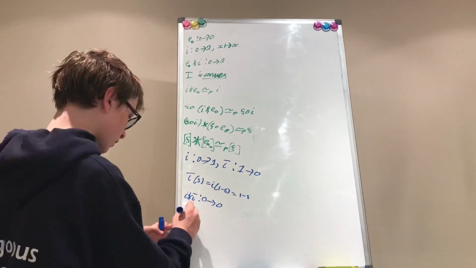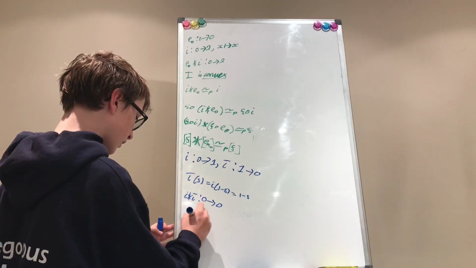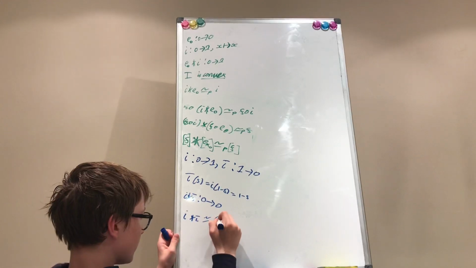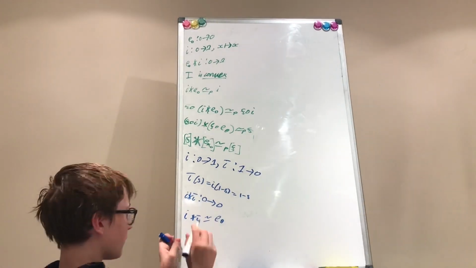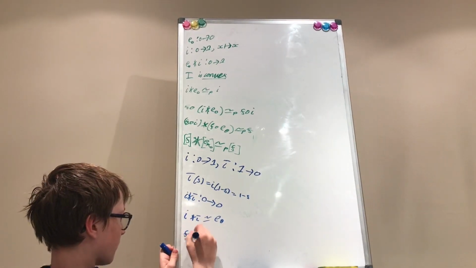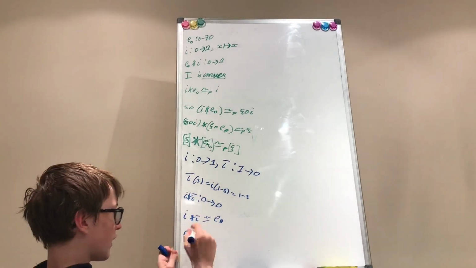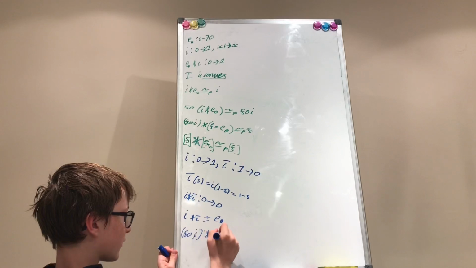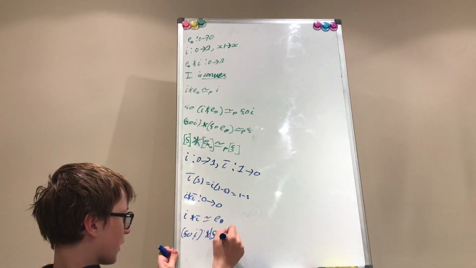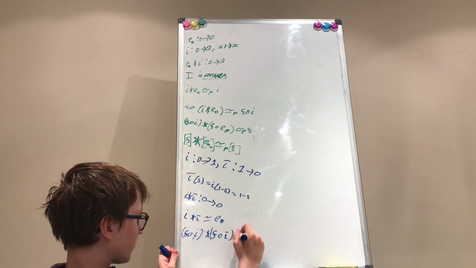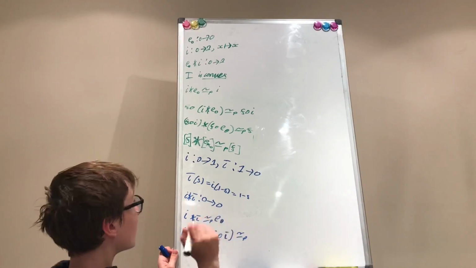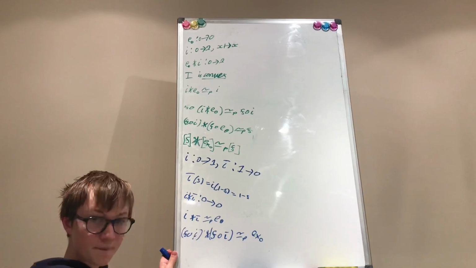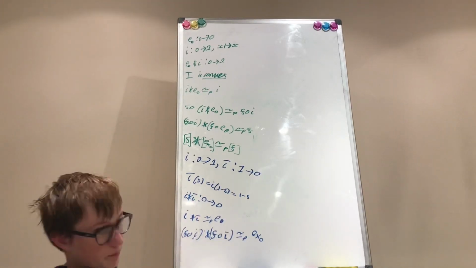Therefore, I star I bar is path homotopic to E0. Now, this means that F compose I star F compose I bar is path homotopic to E at x0, by the same reasoning as before.